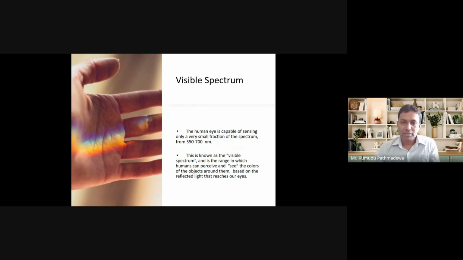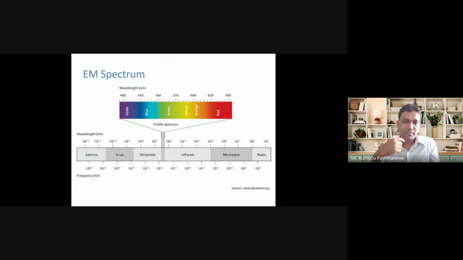So you can see here, it is a very tiny portion, spanning from blue to red, of the whole electromagnetic spectrum.